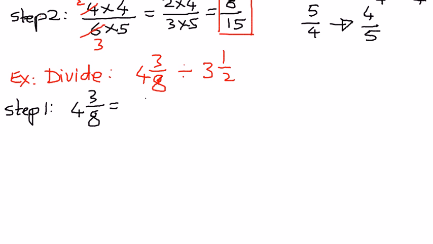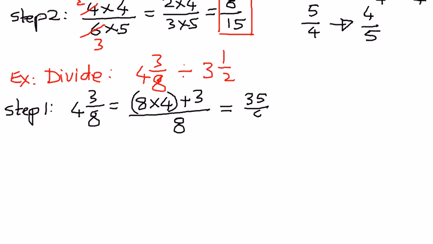We take the denominator of the fraction, multiply to the number on the side, which is 4, take the product of that, and then add it to the numerator value of the fraction, which is 3, and then divide that whole expression by 8. So we'll simplify this some more. 8 times 4 is 32. 32 plus 3 is 35 divided by 8.